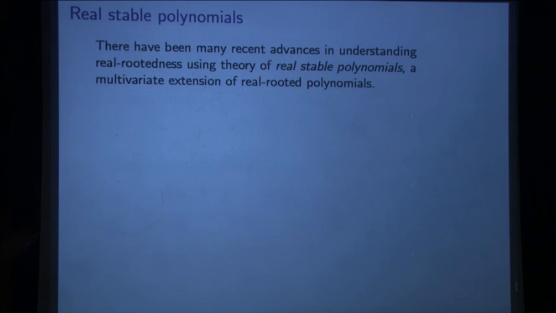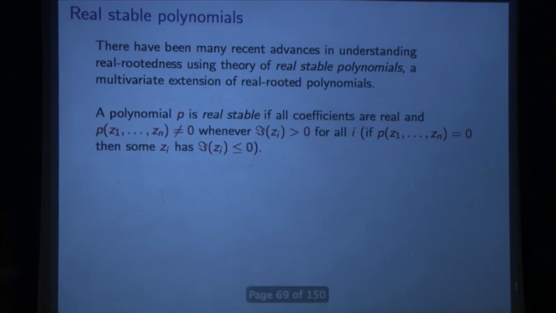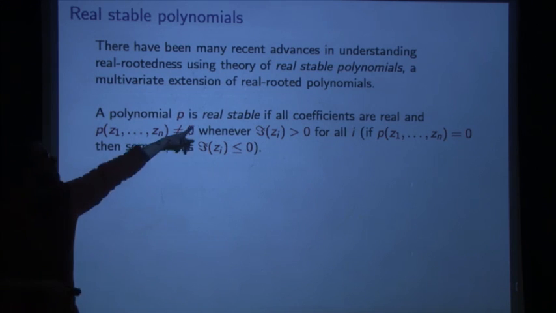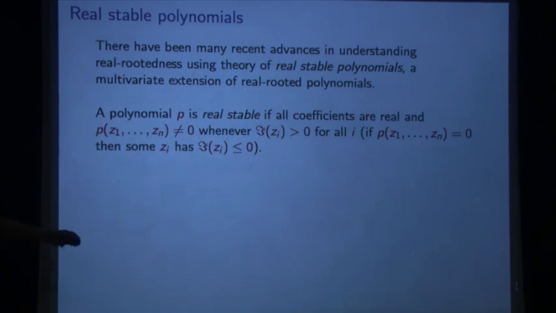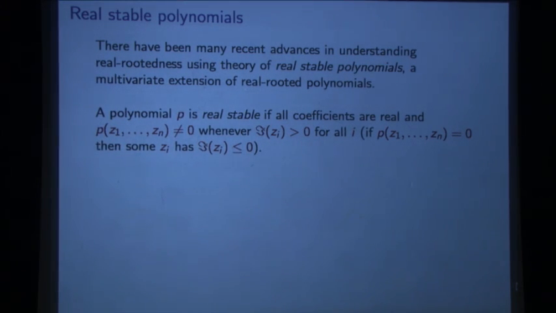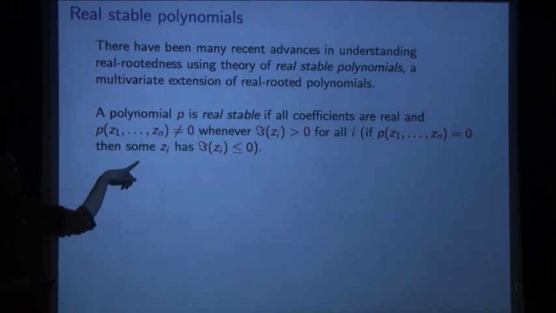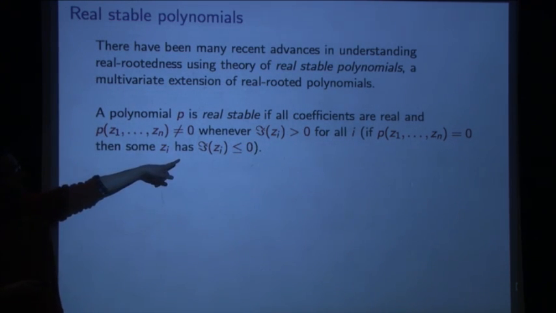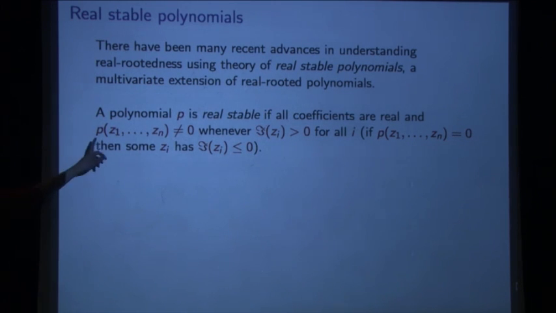Fortunately, there have been a number of recent advances in understanding real rootedness using this idea and using what is called the theory of real stable polynomials. The real stable polynomials are a multivariate extension of real rooted polynomials. So a polynomial p is real stable if all of the coefficients are real. That's what the real means. And the stability part is that p, when you plug in coordinates for which all of the imaginary parts of those coordinates are greater than 0, is never 0.